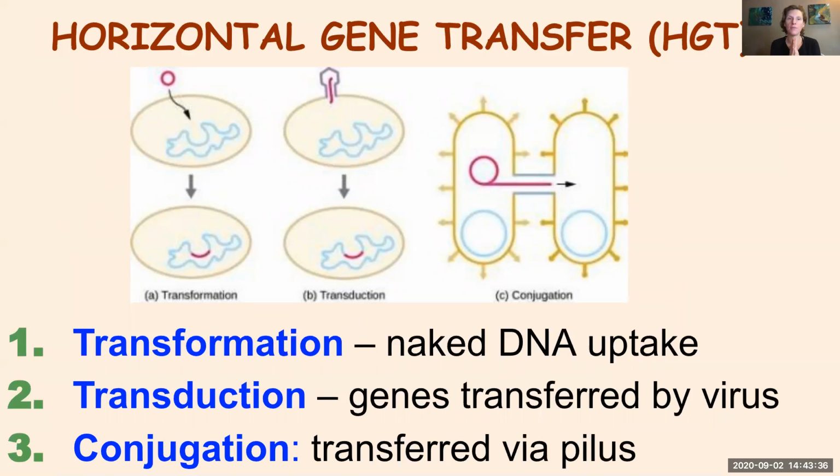And then conjugation, where you have DNA that is transferred via a physical connection of the plasma membranes. There's a pilus here, and this piece of DNA called a plasmid, this pink thing shown on the right, is going to actually be replicated, and then a replicated version is going to be passed to this other bacteria over here. And these are all examples of horizontal gene transfer.